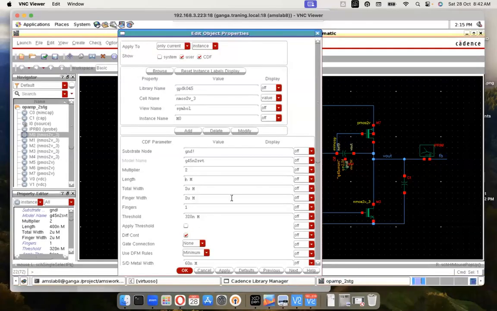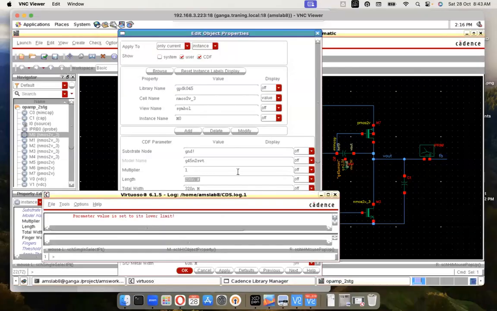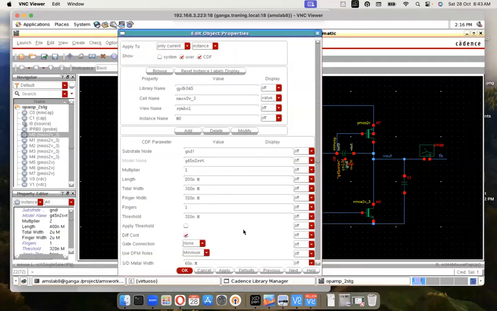For input transistors, we need not have a higher length here. Let's say I'll put 200 nano as length and 220 nano. 1.1 is a factor, right? Okay, it doesn't allow 220 nano. So the minimum is 320 nano.